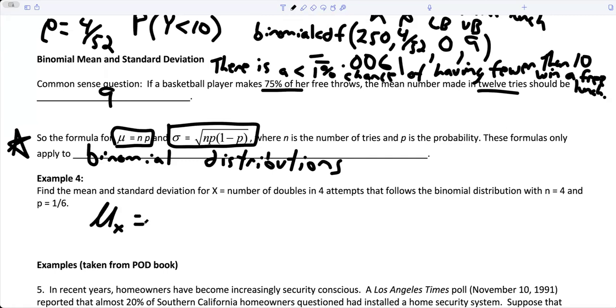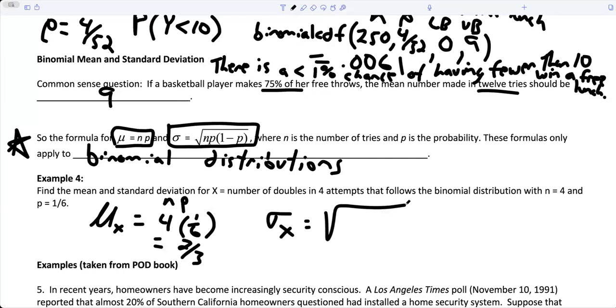So the mean would be n times p, right? So 4 times 1/6. That would give me 4/6 or 2/3. And then the standard deviation would be the square root of that.